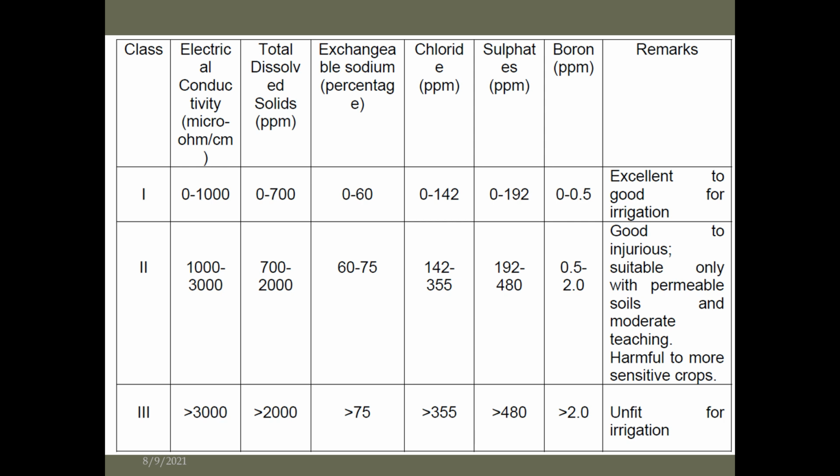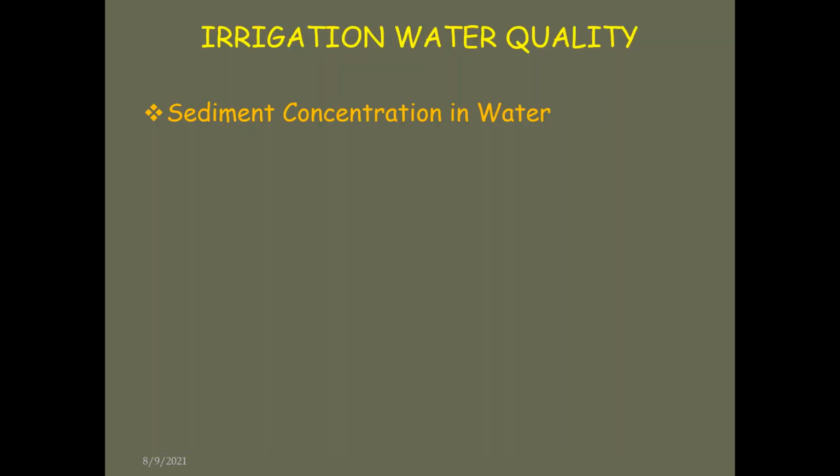Another parameter on which water quality can be judged is the sediment concentration in water. This sediment concentration is associated with the design of canals, or the way the water is flowing and coming to the crops. Basically, this depends on the velocity of the water.